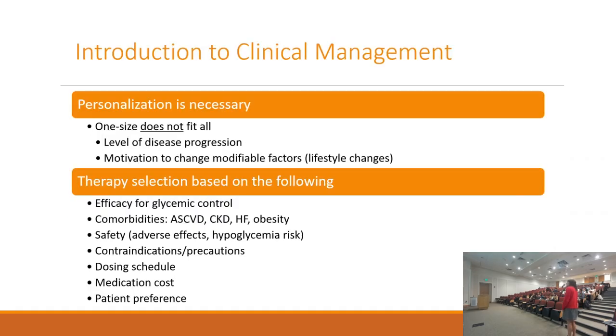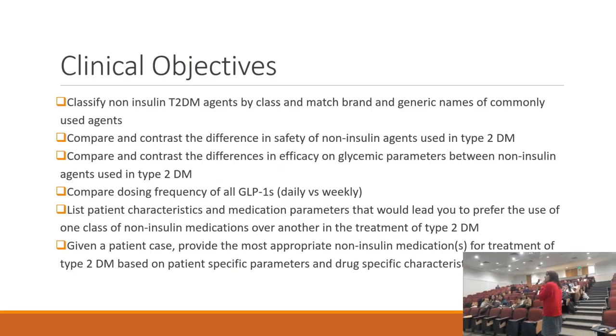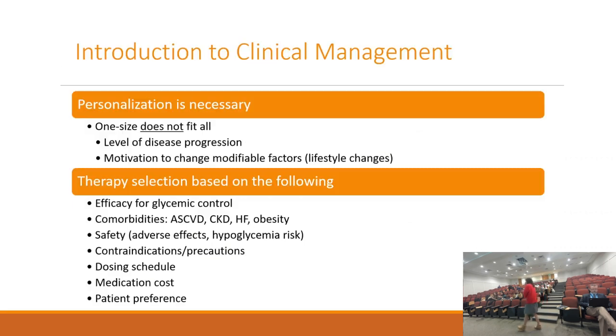So I'll go through the ones that I think are the most helpful for you to know. Compare and contrast safety, differences on efficacy and glycemic control. For the GLP-1s, I want you to know if they're dosed once a week versus every day. And then patient characteristics that you would use to help determine which treatment would be the best. And then, given a case, be able to assess what some potential best options would be. And we'll have some practice too.